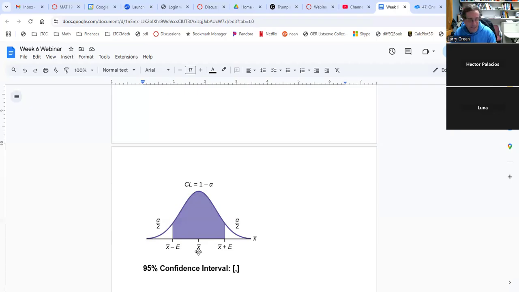Would you be comfortable if there was a 5% chance that you were wrong and it ended up killing people? What do you think? Yeah, hopefully not.